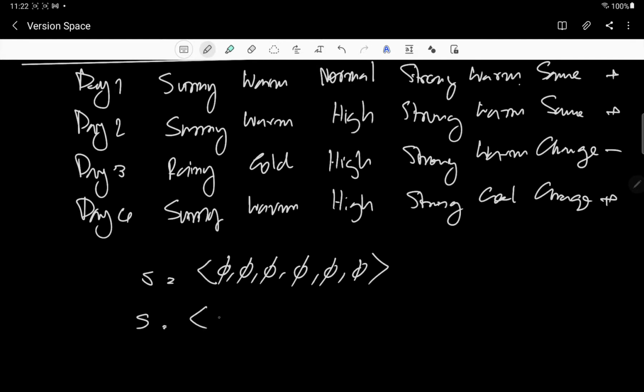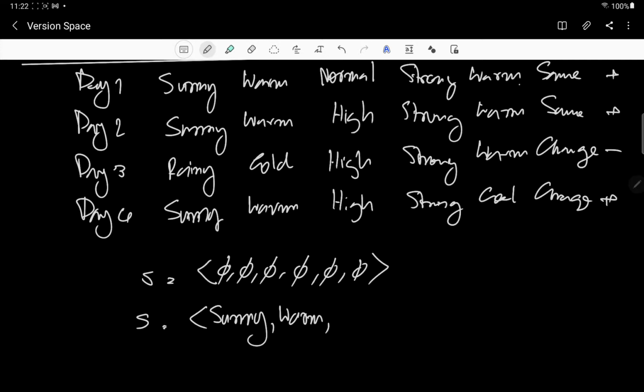Now it's satisfied with this sunny, right? But for the next attribute, warm, guys, please guess how can we change this one to cover warm? Yes, we can change it to warm.